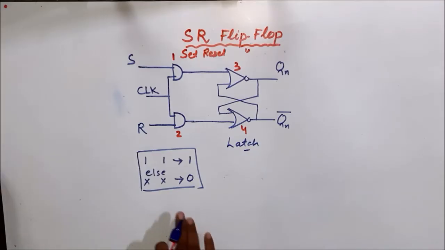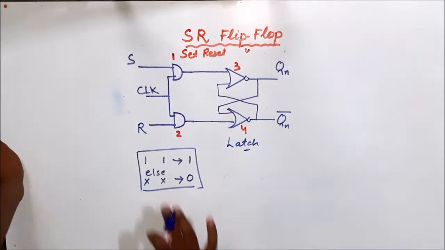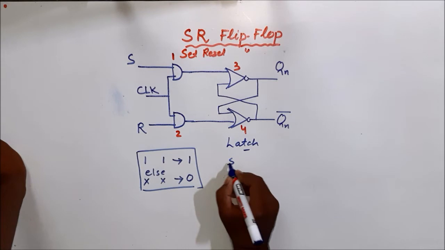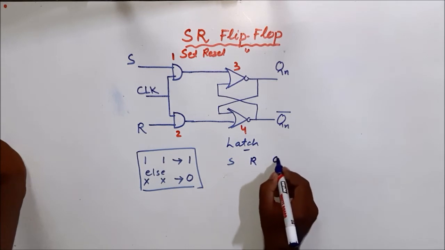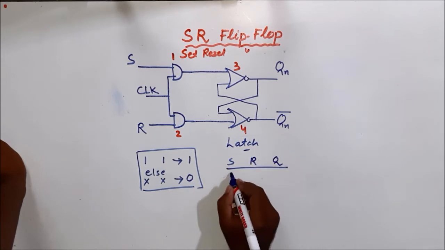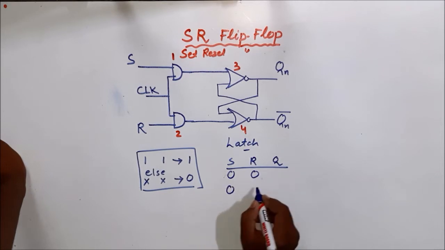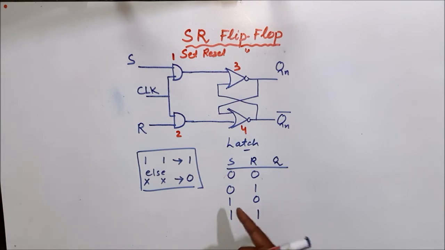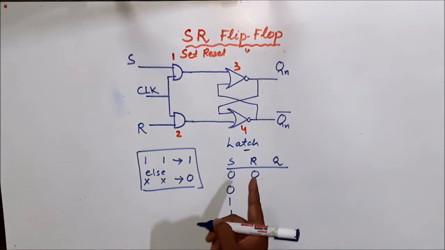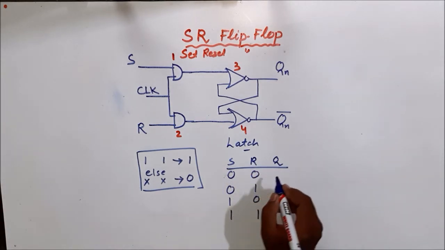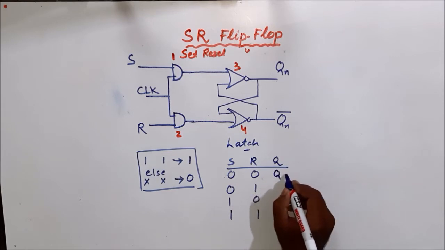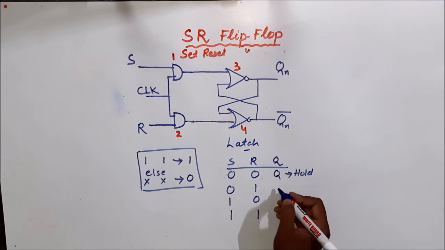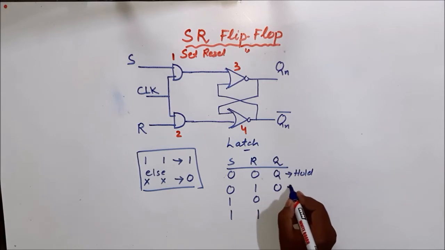So this is the truth table of the AND gate, and we also studied the truth table of the SR latch: S, R, then Q. We have studied 0 0, 0 1, 1 0 and 1 1. When 0 0, it is the hold state, that means Q holds. Then here we have 0, that is reset.